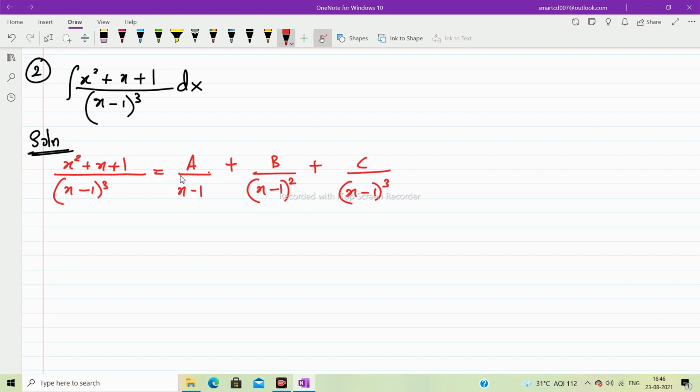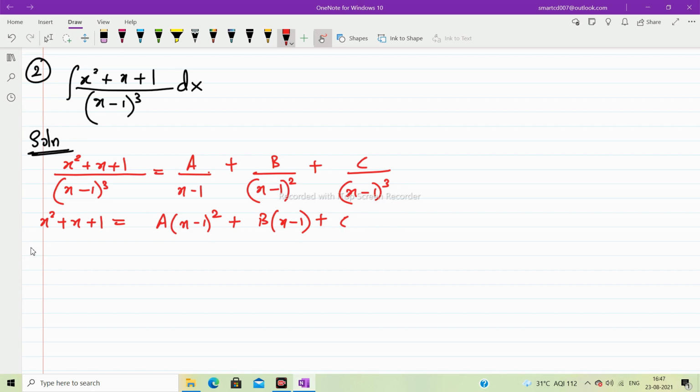Okay, so now we need to find the LCM. So I have x square plus x plus 1 equal to a into x minus 1 the whole square plus b into x minus 1 plus c. Now below c there is x minus 1 the whole cube, so with c there will be no multiplication. So this is what we get.